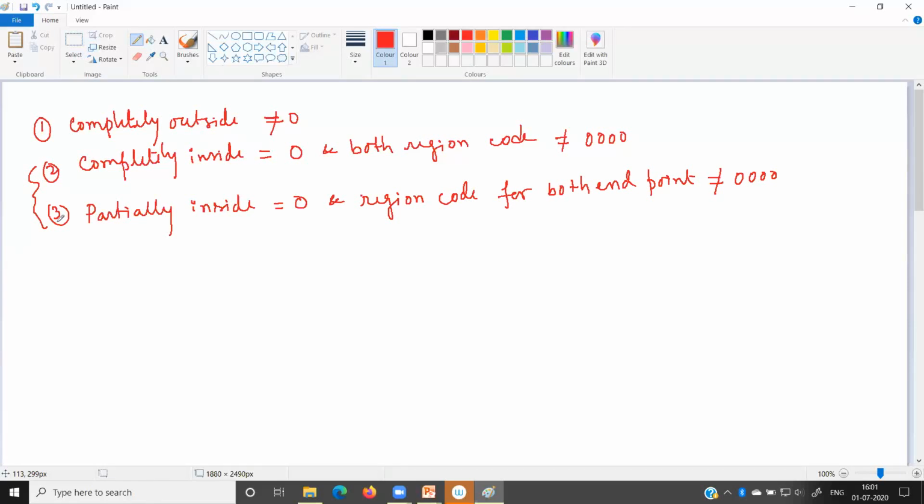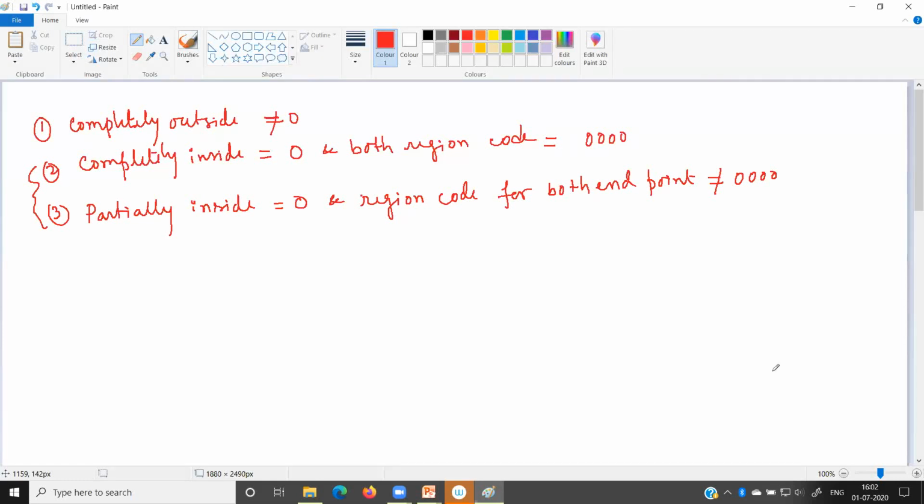But if it is not equal to 0, 0, 0, 0, then there must be some intersection. Sorry, I made a mistake: for totally inside, the region codes will be equal to 0.